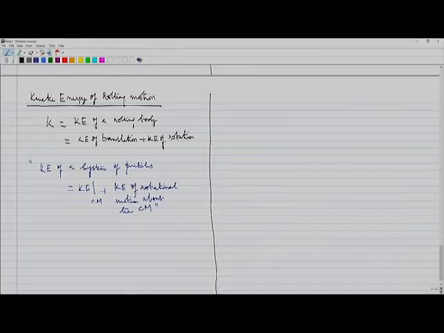So in the same way, the kinetic energy of the rolling body is equal to, first, translational motion: if the mass is m, half m v cm squared, plus the kinetic energy of the rotational motion about the center of mass. This is half I omega squared.